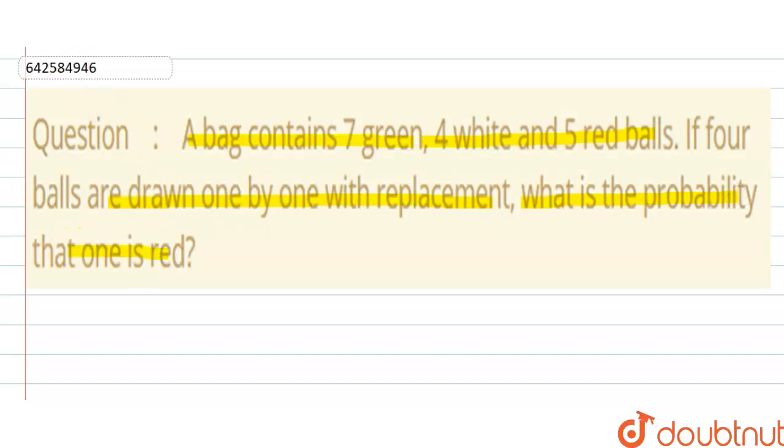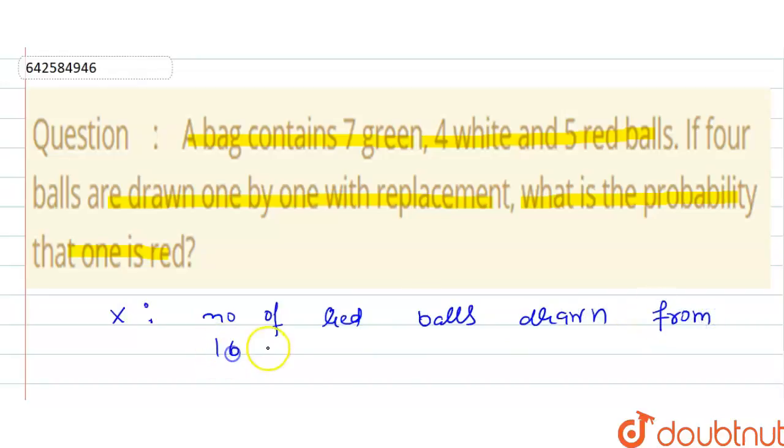We have to define some event like x is a variable which is defined as the number of red balls drawn from the total 16 balls with replacement.